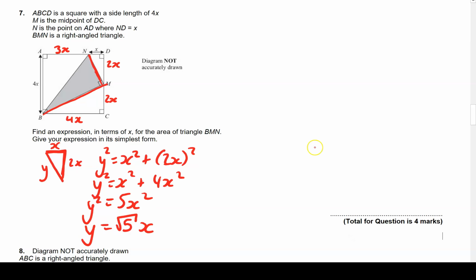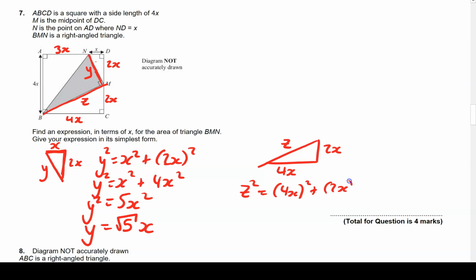And then if I look at the other one, I'm going to call this one z. So it's 4x along the bottom, 2x up, and this is z. So z squared is 4x squared plus 2x squared is 16x squared plus 4x squared is 20x squared. So z is root 20x.